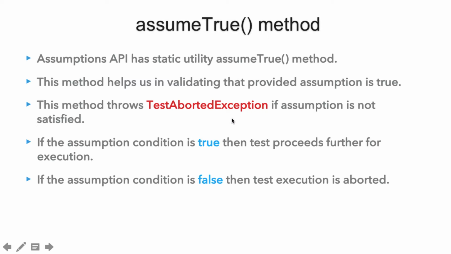So friends, when our assumptions fail, that particular test case is aborted. In the JUnit console you can see that the test case is being skipped. So unlike assertions, where our test cases fail, if we provide assumptions, our test cases are simply skipped.